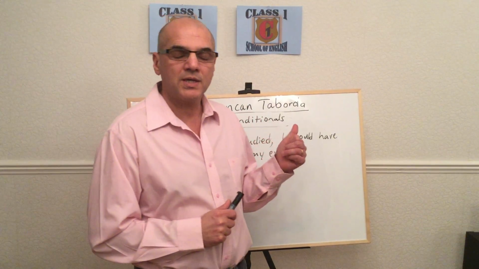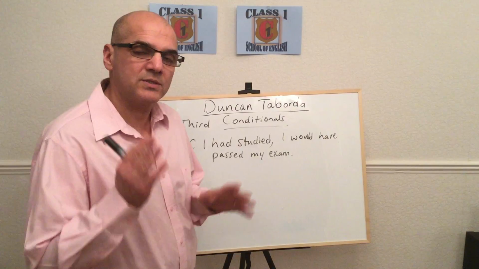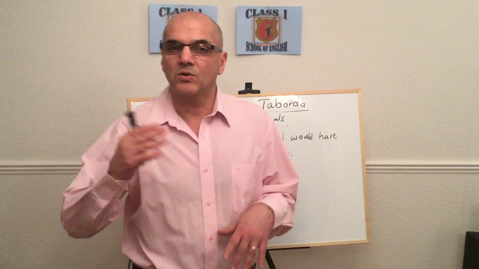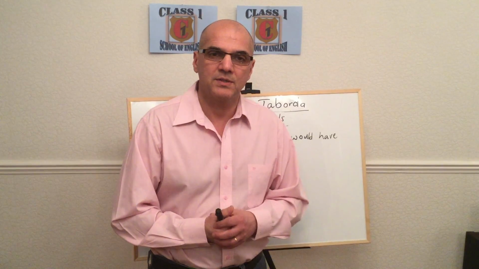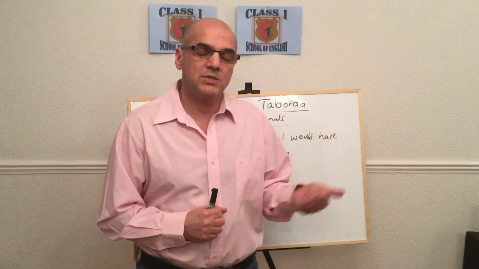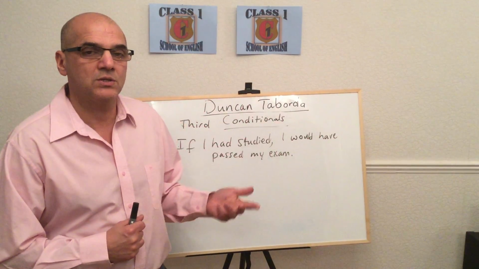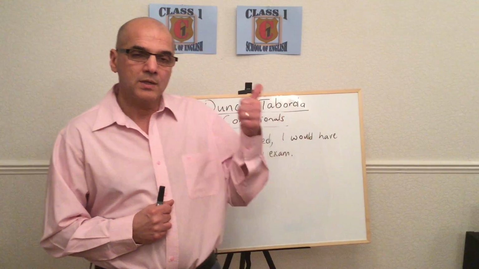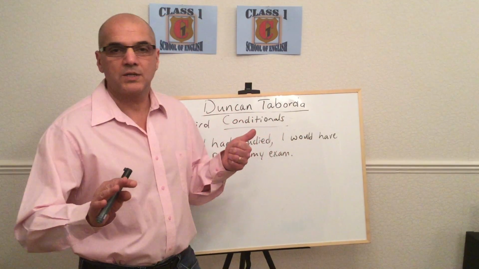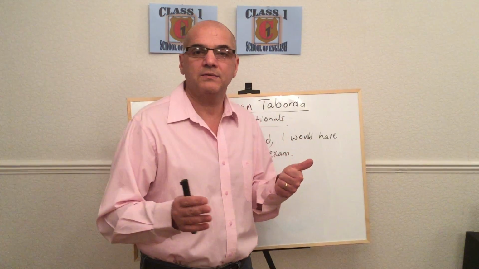Third conditional. Okay, something that's already in the past. It's finished. It's gone. You're just expressing a regret. You're talking about how things might have been different. Okay. So there we go. Four conditionals. Zero conditional, first conditional, second conditional, and third conditional. Zero conditional, when it's an absolute fact. You can't deny it. It's a scientific fact.